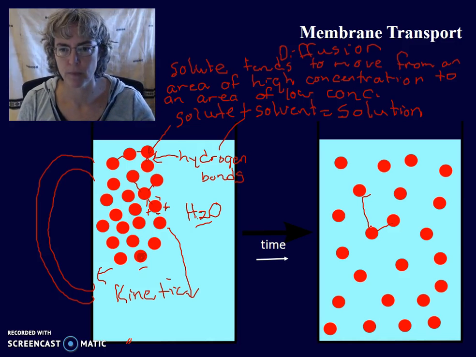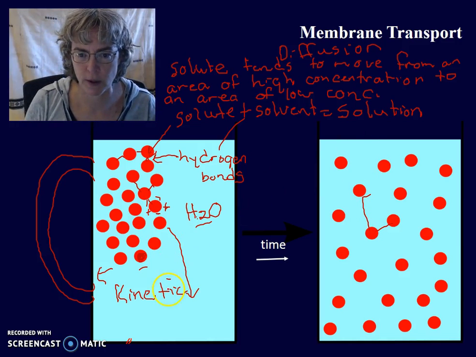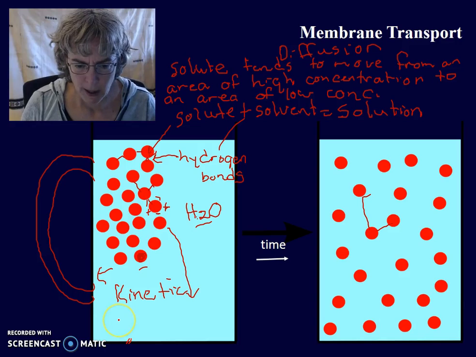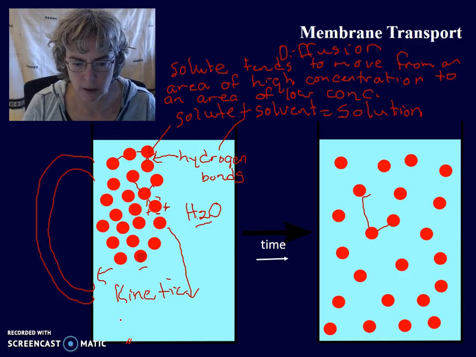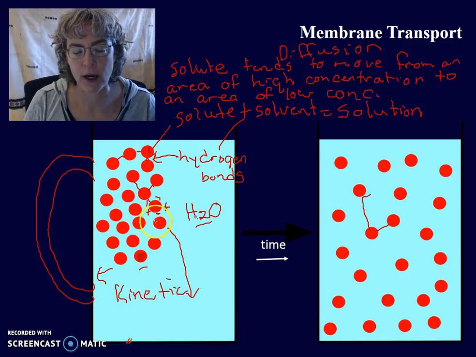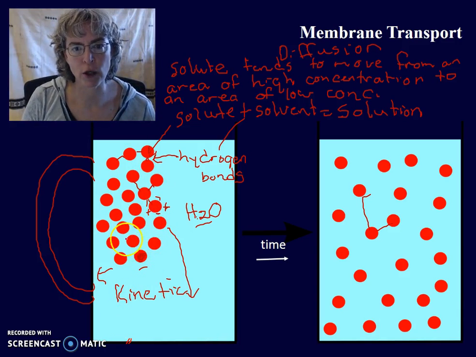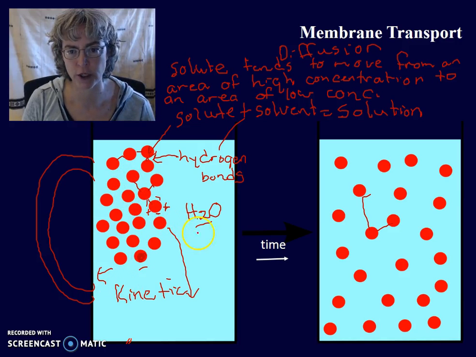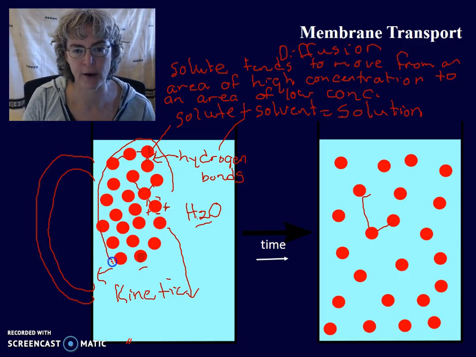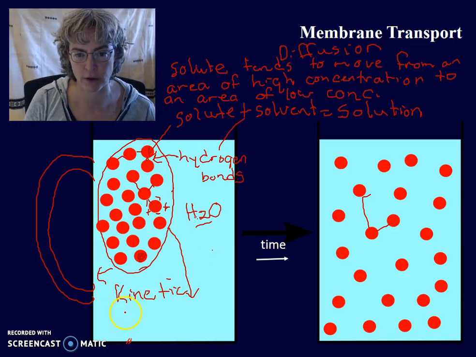Okay. There was something else I wanted to mention too. What's happening here is these solute molecules are going from high concentration to an area of low concentration. So in here, it's an area of high concentration, and then out here is an area of low concentration.